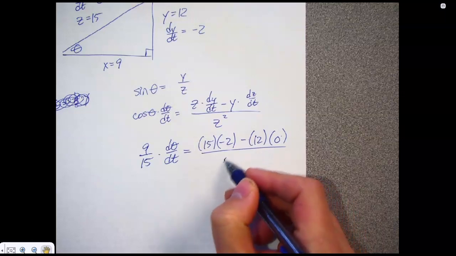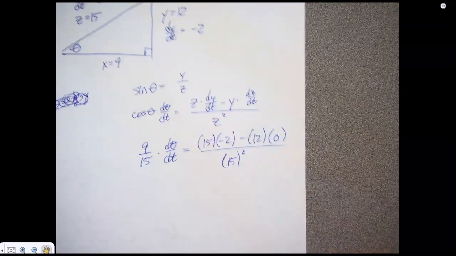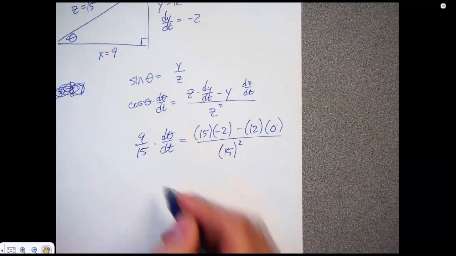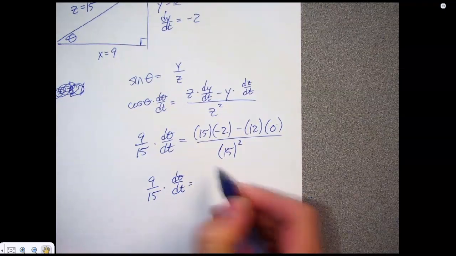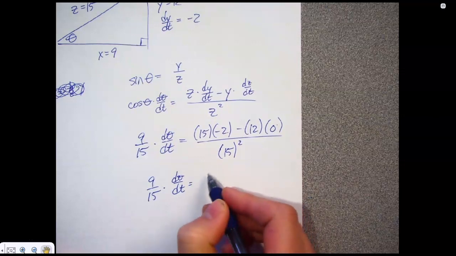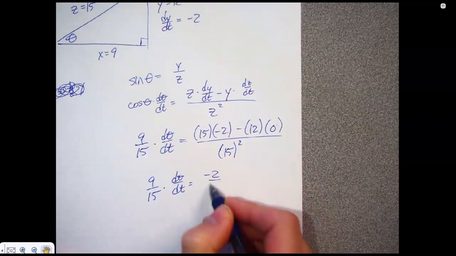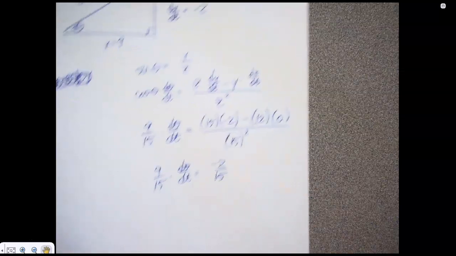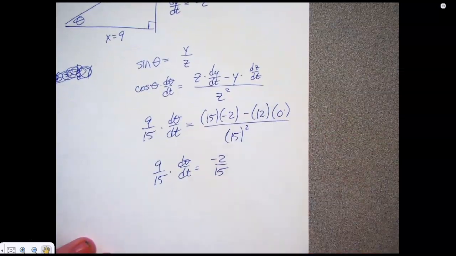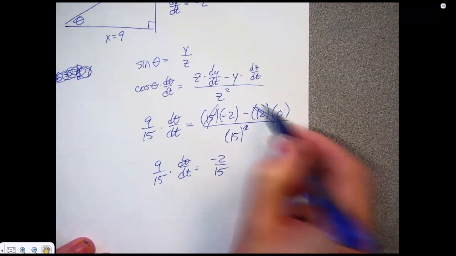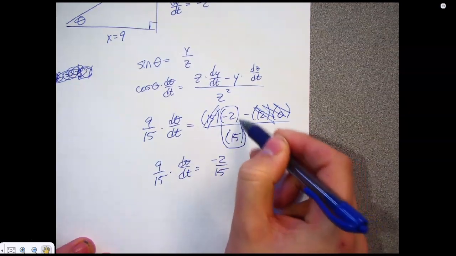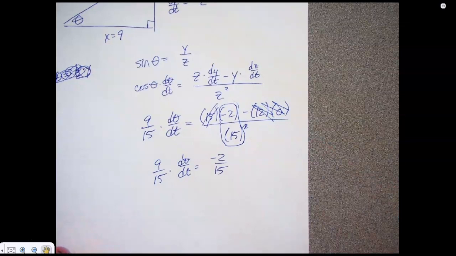Over z squared, so over 15 squared. When you work out the right side like we did before, we got -30 over 225, which reduces to -2 over 15. Or like a couple people pointed out, cancel a 15 here and a 15 here, and you're left with just -2 over 15, right?